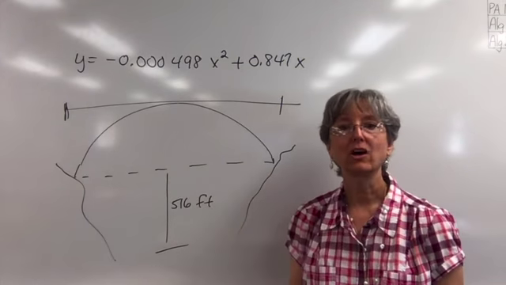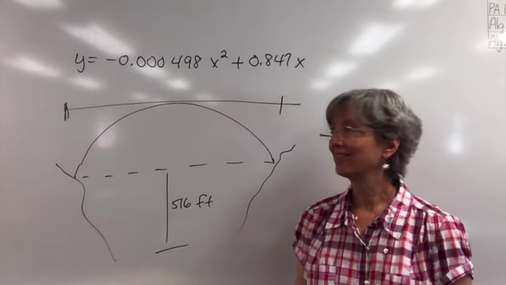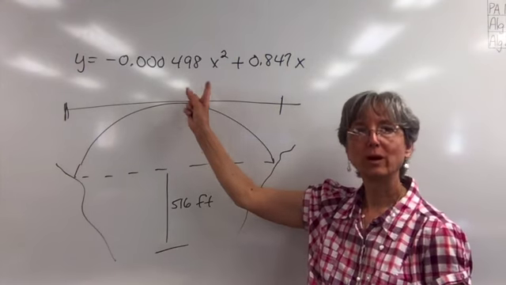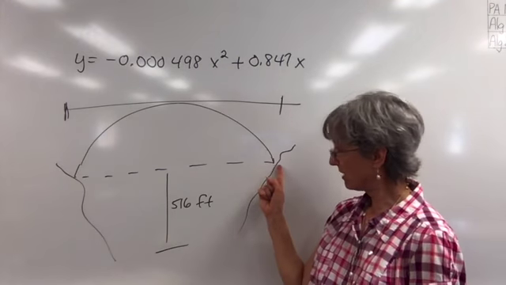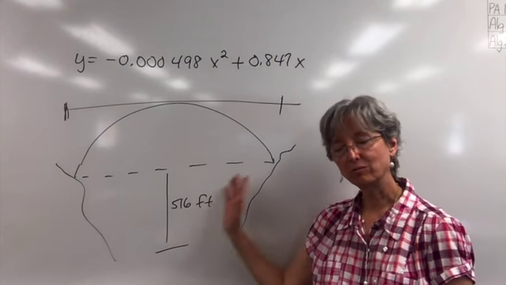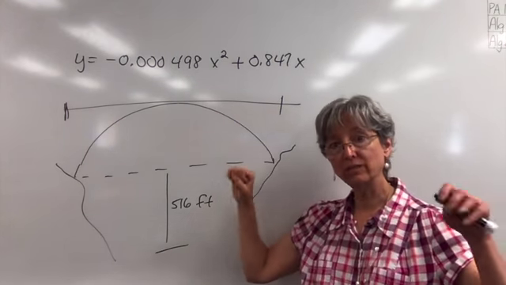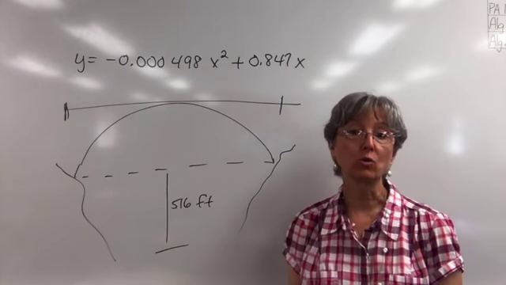By the way, the arch is in the shape of a parabola, and this equation represents this arch. Now the foundations for our arch are driven in, anchored, 516 feet above the bottom of the gorge.